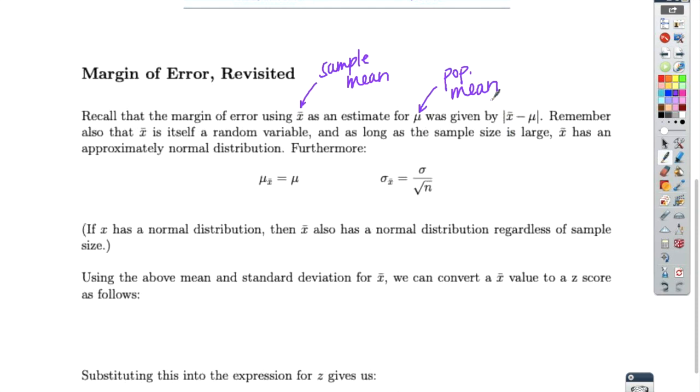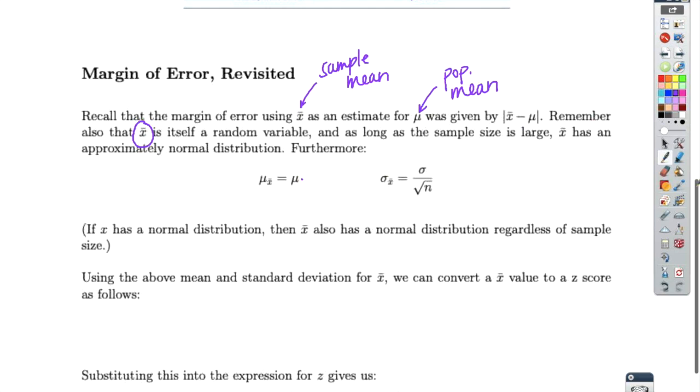Now remember, one of the things that we saw in chapter 7 is that the sample mean itself is a random variable. And as long as n is greater than or equal to 30, it has an approximately normal distribution. This was something that we called the central limit theorem. Furthermore, we had the formulas for the mean and the standard deviation of the sampling distribution.